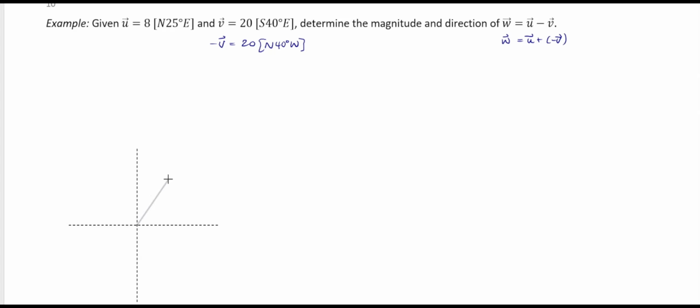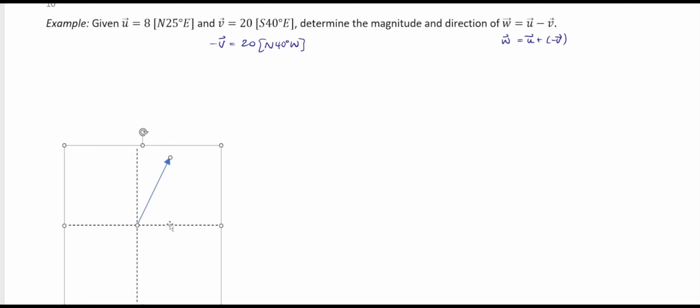Okay, there we go. So that's my 45 right there roughly, so maybe about this right here, and we'll say that this is 8.